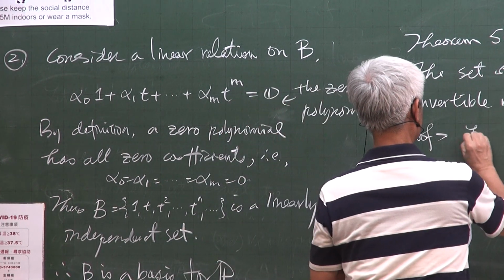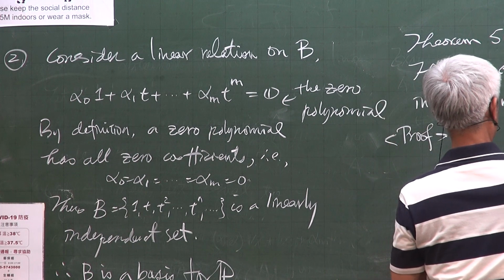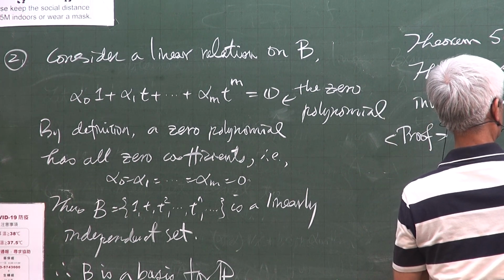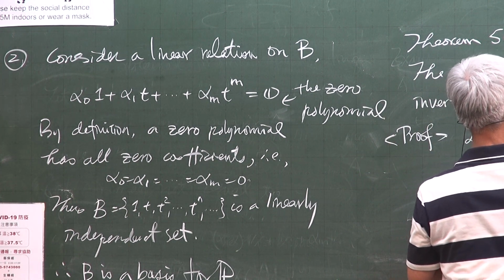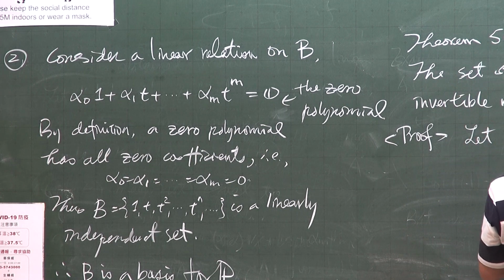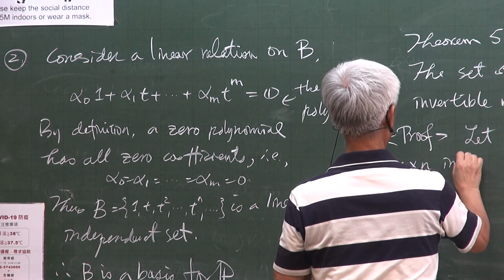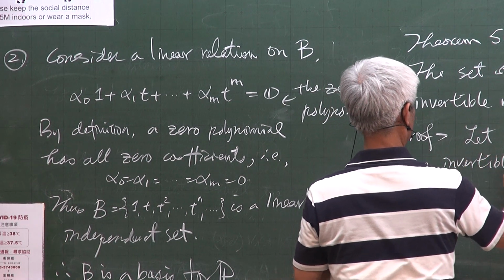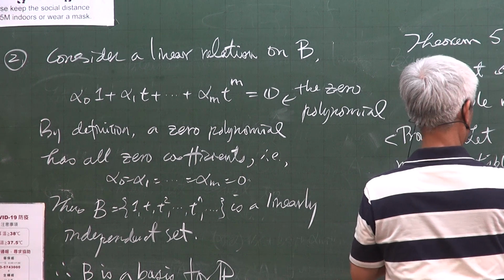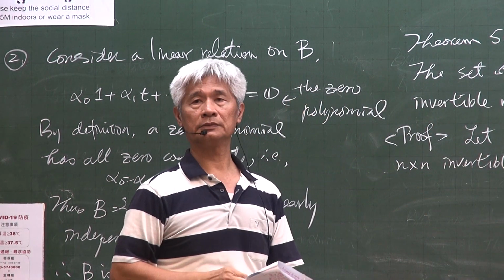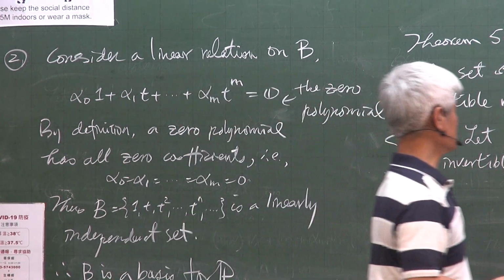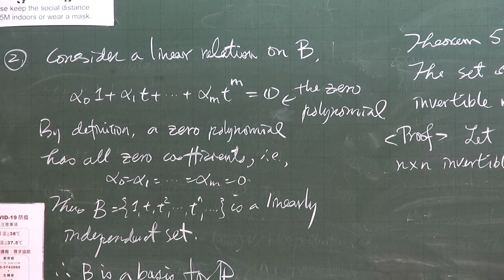So let A1, A2, ..., An be the columns of an n times n invertible matrix A, and we want to show that the n columns are a basis for Rⁿ.